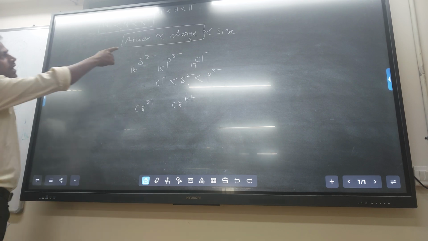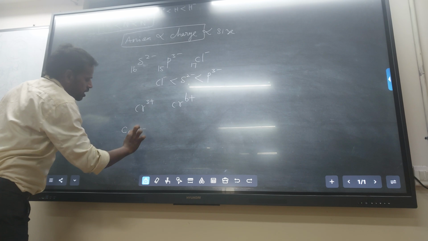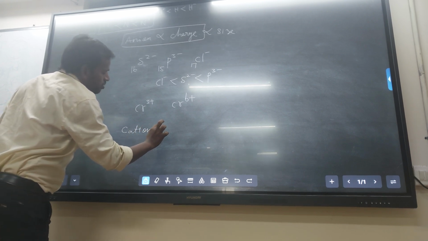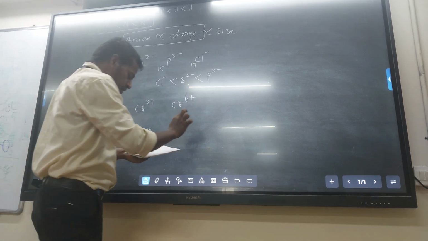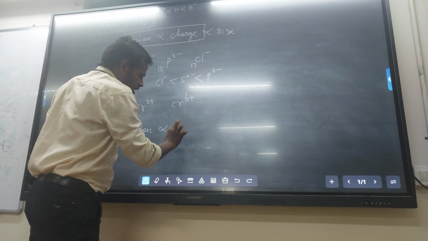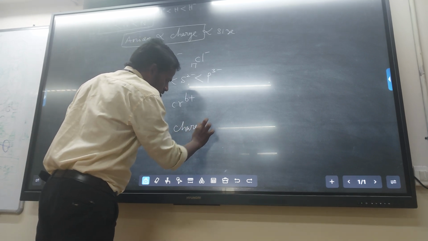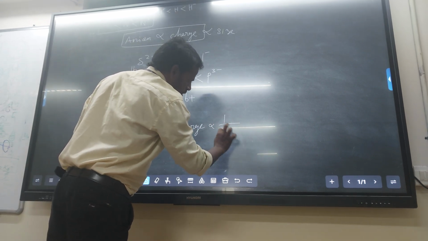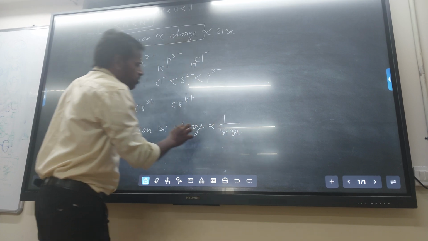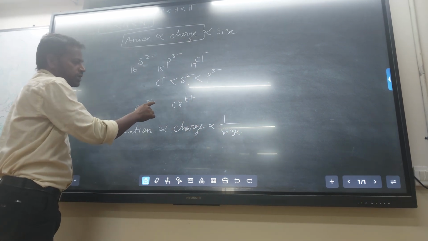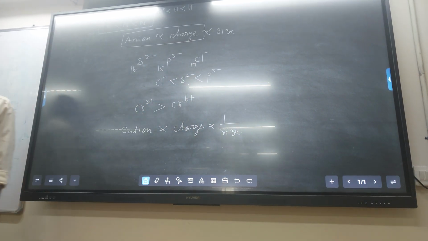For cations, the charge is inversely proportional to the size. So maximum charge, minimum radius. Therefore chromium 3 plus has the maximum radius, then chromium 6 plus.